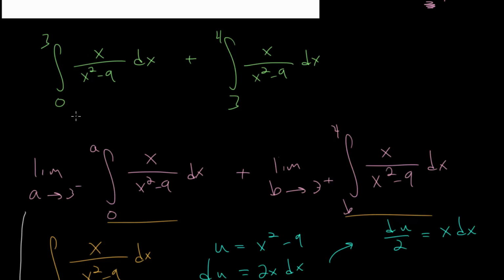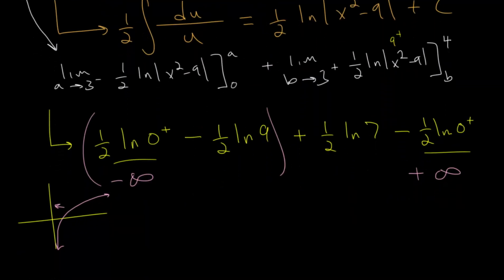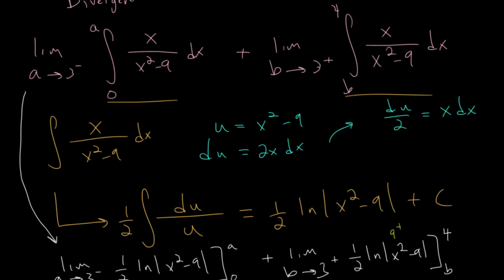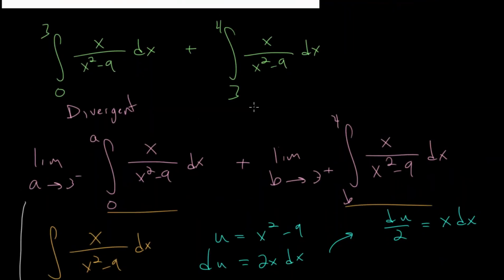What we essentially show is that this integral is divergent, and likewise, since this other integral also evaluated to having a plus infinity in it, this other integral from 3 to 4, this would be divergent as well.